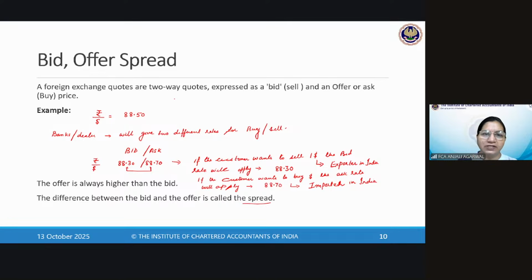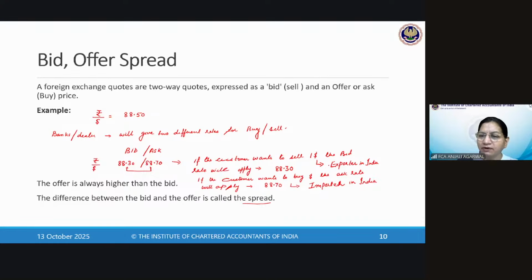So foreign exchange quotes are two-way. Either the banks, interbanks or dealers, even for the merchants, it will be expressed as bid and offer. So bid is sell, offer or ask is buy. If you are a customer who wants to sell dollars, you will get fewer rupees against these dollars. And why would you want to sell dollars in India?